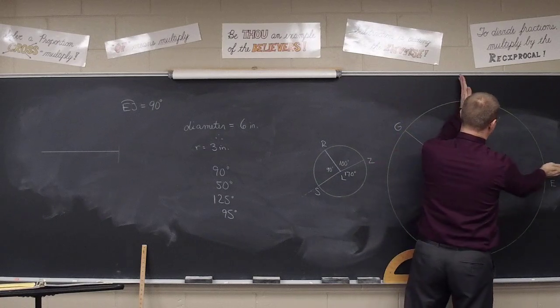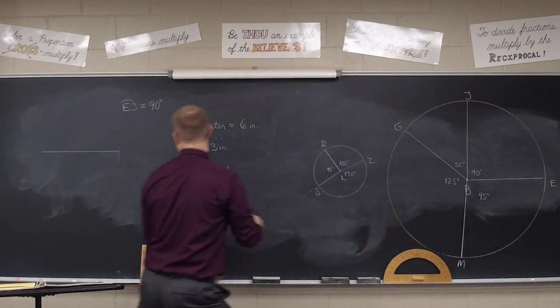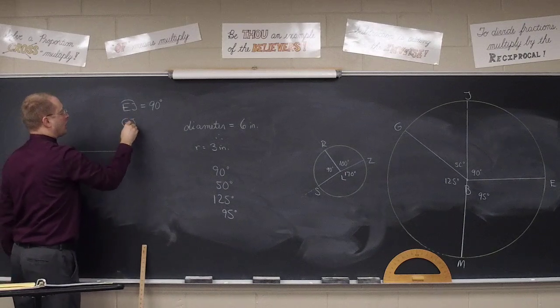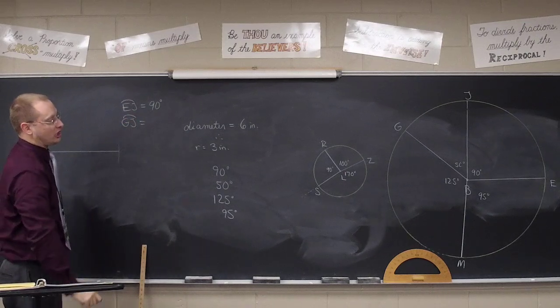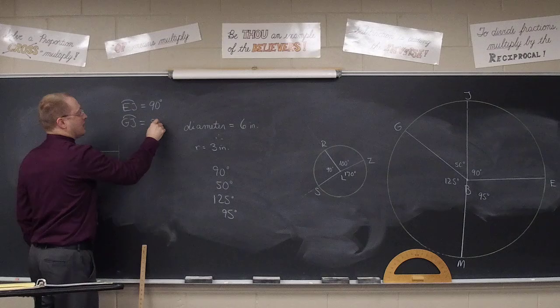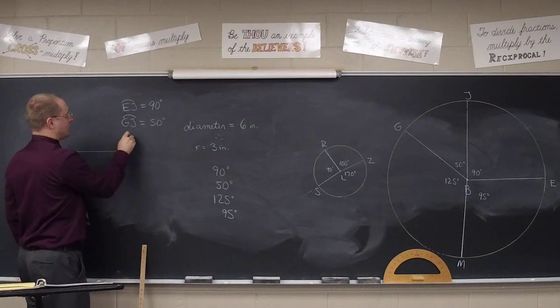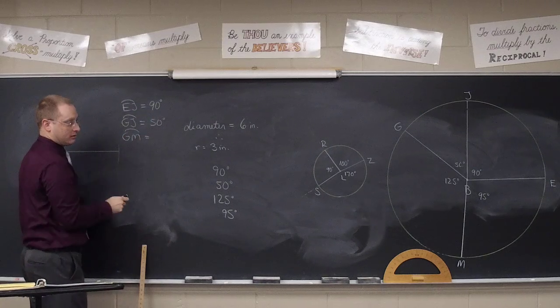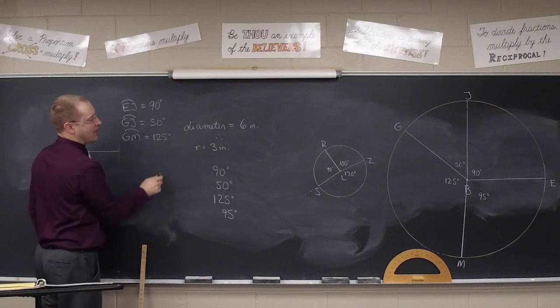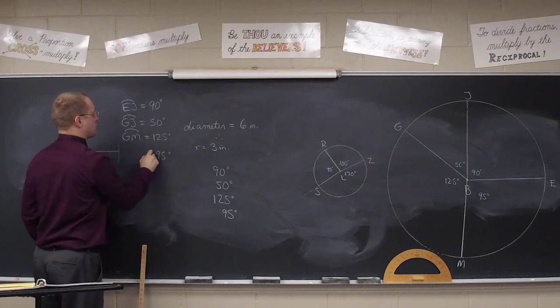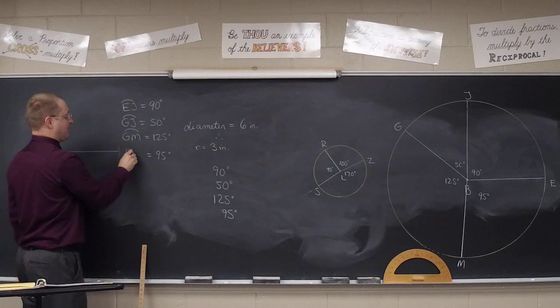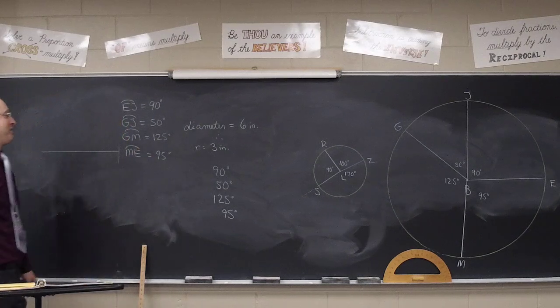The central angle is 90, the arc is 90. How about arc GJ, class? 50. It's a 50-degree arc. How about arc GM? 125 degrees. And that means that 95 degrees is the measure of which arc? ME. Me is 95 degrees.